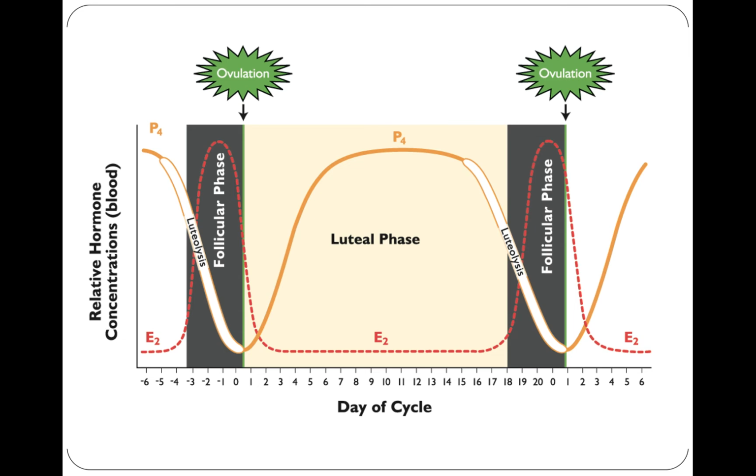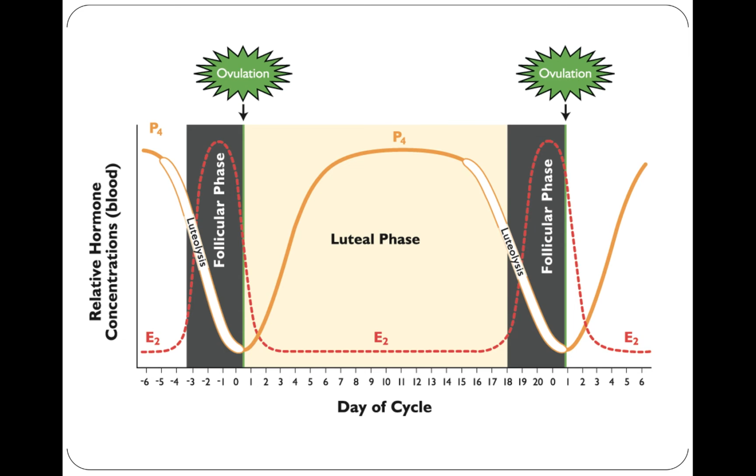The female is going to be in the follicular phase for a little over 3 days usually. During this time, estradiol is going to be very, very high. It is secreted from a follicle on the ovary.